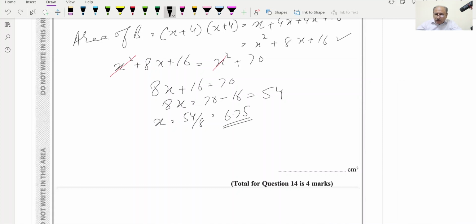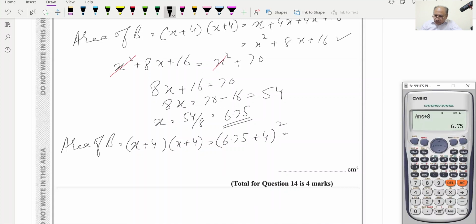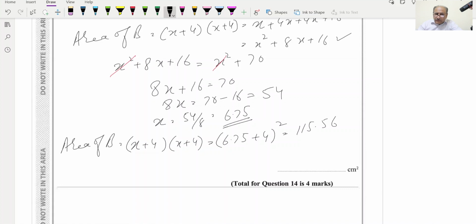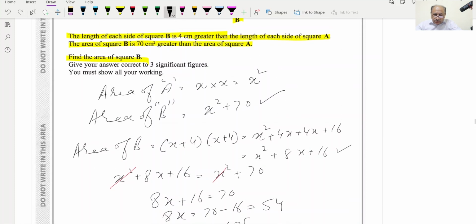Now we got the value of x, and we can find the area of B. Area of B will be equal to (x plus 4) times (x plus 4), which is (6.75 plus 4) squared, and this will be equal to 115.56, and we can provide the rounded answer.